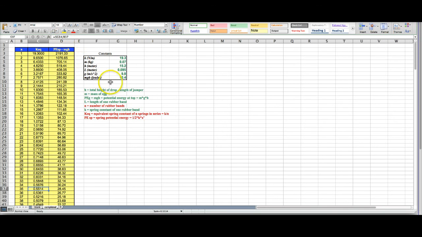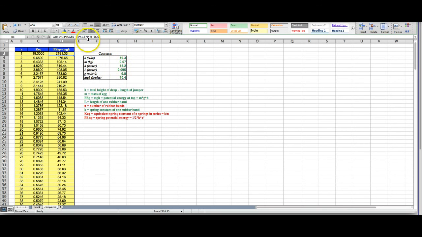So now what they did here for the potential spring minus the gravitational potential is they set up that equation of 1/2 kx squared minus mgh, right? And you can go through and look at all these different cell numbers and see what they did. So all it's doing now is pulling the information that we already have: C3 is our K, right? G6 is our height right here, and it's minus the length of the rubber band.